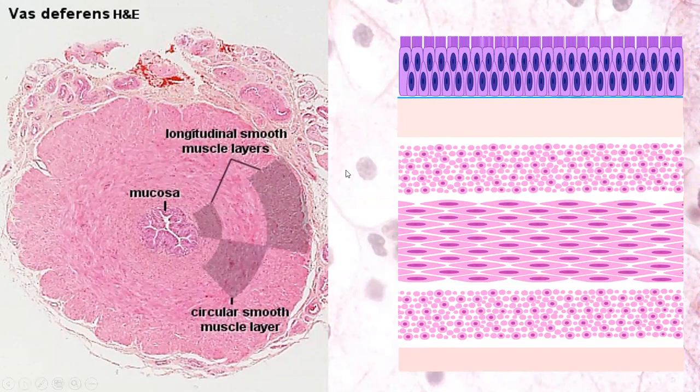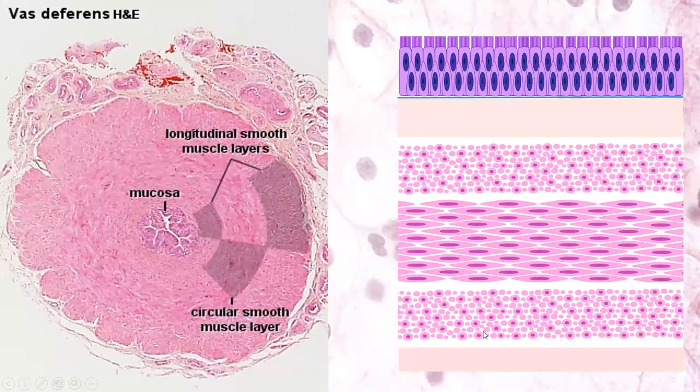Ductus deferens is similar to ductus epididymitis, but there are some features. The epithelium is pseudostratified ciliated columnar, as well as in ductus epididymitis. And it forms mucosa, its epithelium and loose fibrous connective tissue.